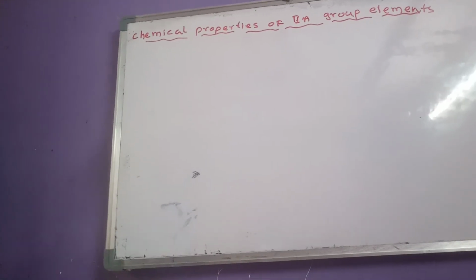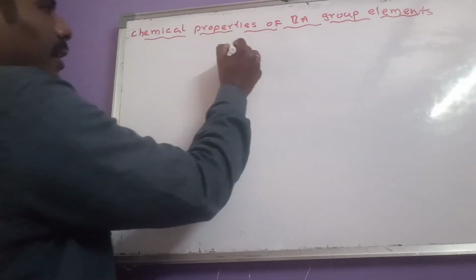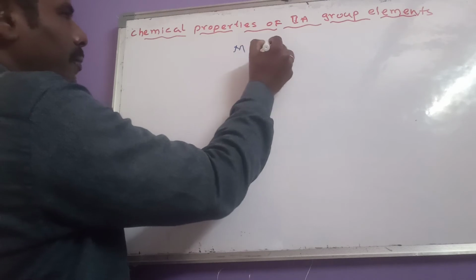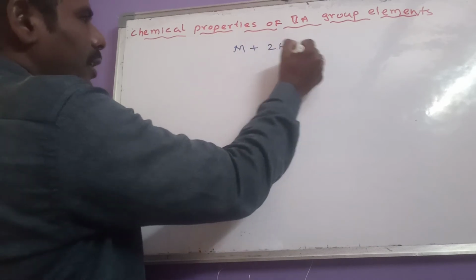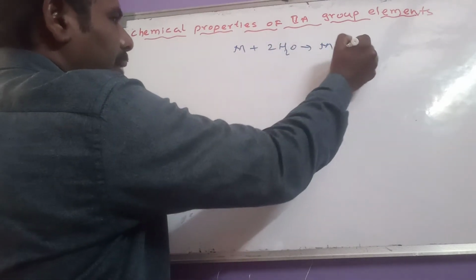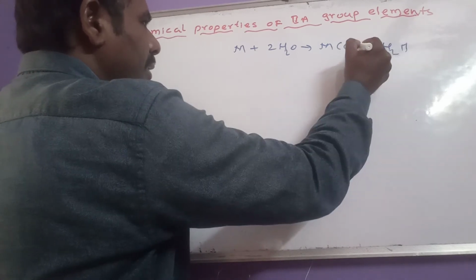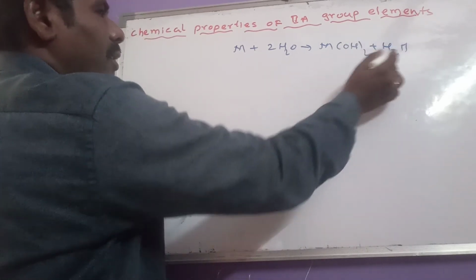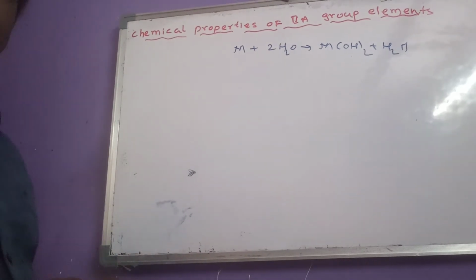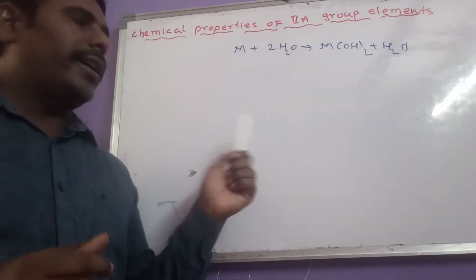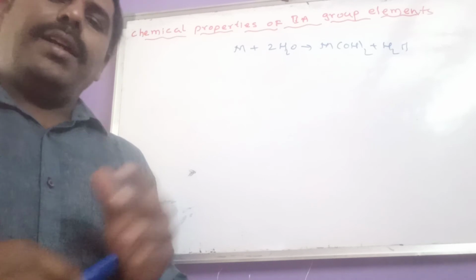Okay, then let us go for reactivity with water. When alkaline earth metals react with water, they form hydroxide and liberate hydrogen gas. But here some important things we have to remember.